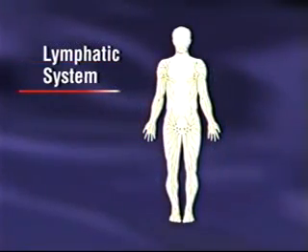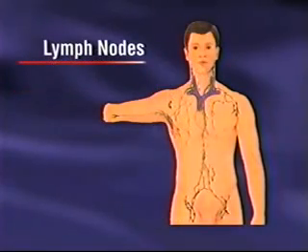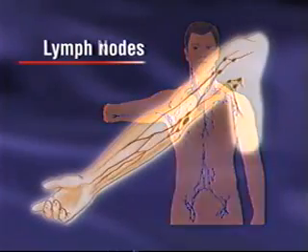The lymphatic system is a separate vessel system that returns excess fluid from the tissue spaces to the bloodstream. Along these vessels lie lymph nodes, which are small, round, or oval clumps of lymphatic tissue that form a major part of the immune system.